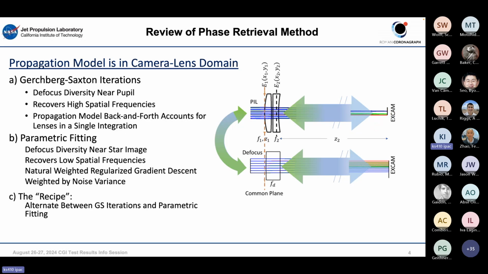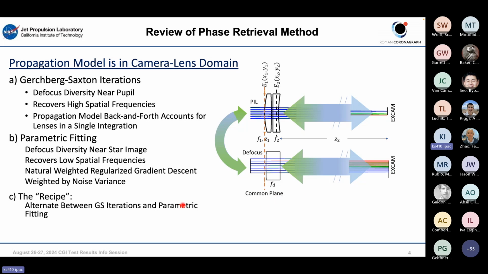And then also we can put in a defocus lens, and that very same wavefront incident on a defocus lens creates a defocused image. The Gerchberg-Saxton iterations are basically propagating back and forth in this way, applying the constraints at the EXCAM, the intensity images, and finding the wavefront that satisfies all of that.